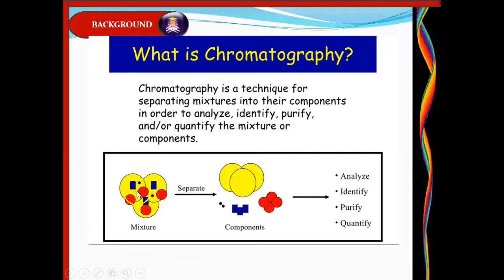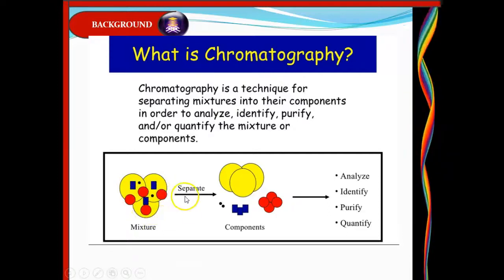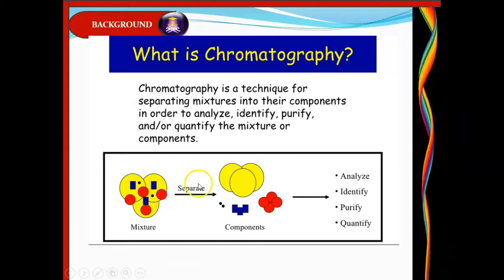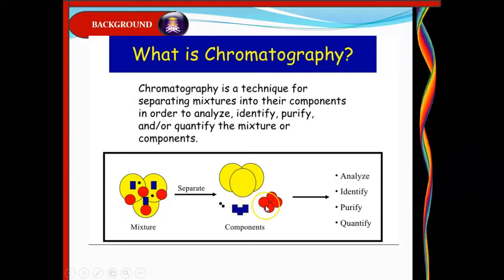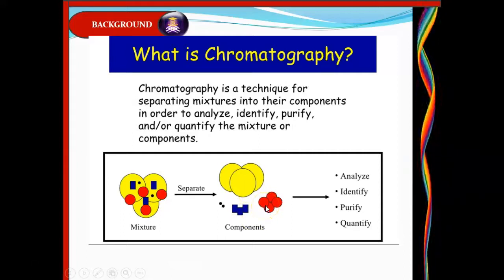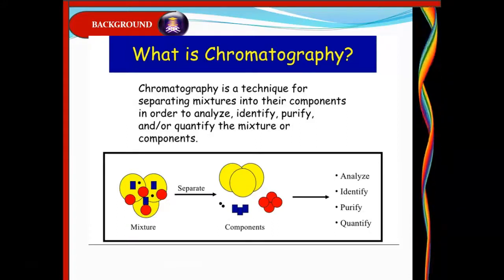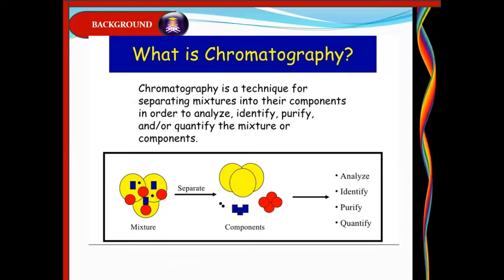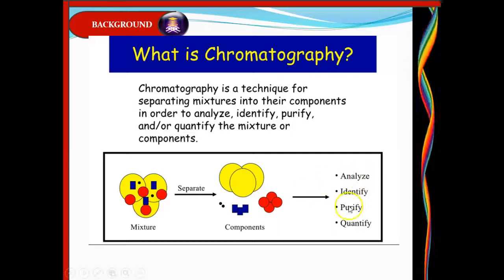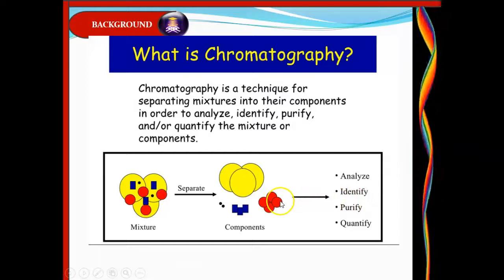It contains a mixture of three compounds, and when it undergoes the separation technique, the compounds will separate individually. The level of separation depends on the solubility and the polarity towards the stationary phase, and whether the substance is polar or non-polar. Then we can analyze and identify what type of compound it is.